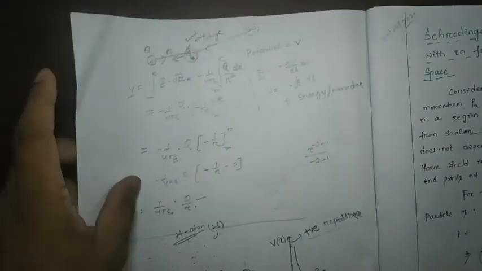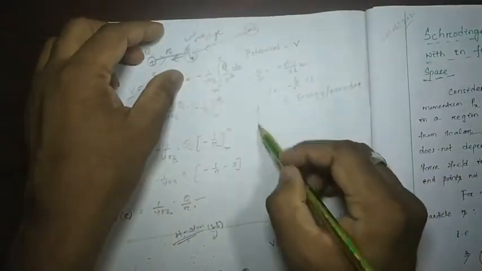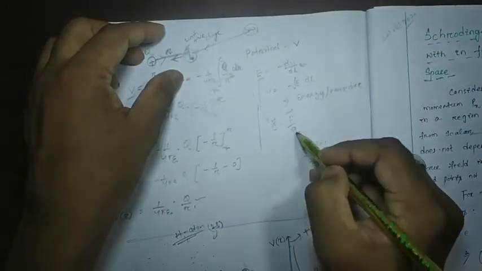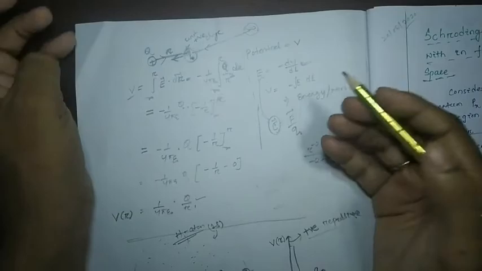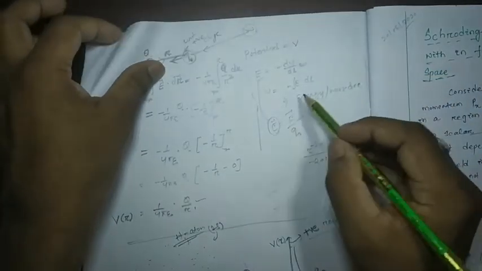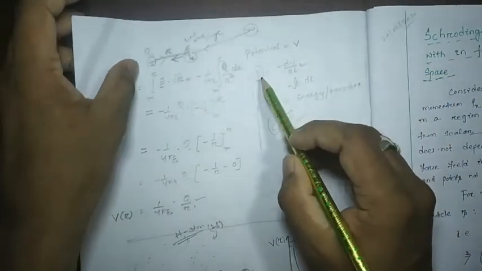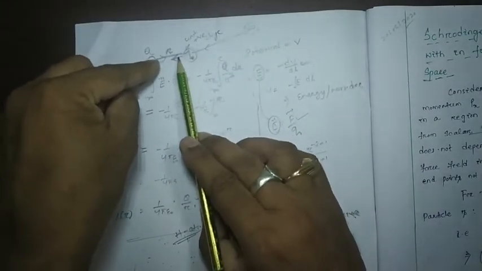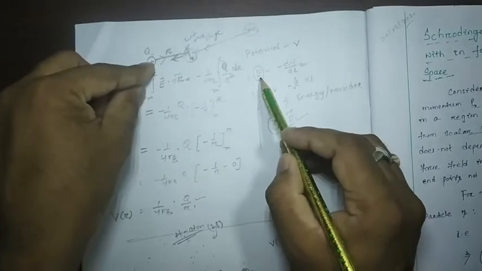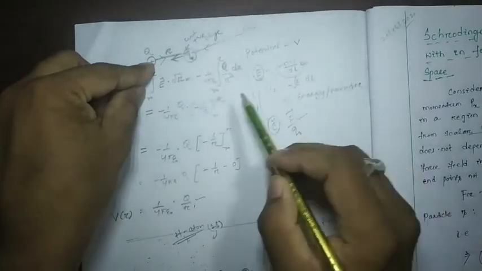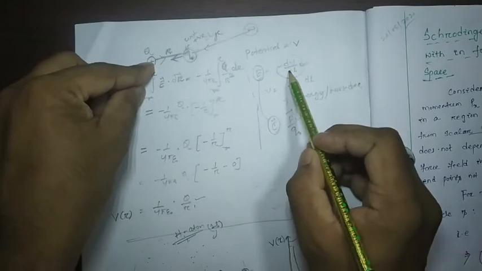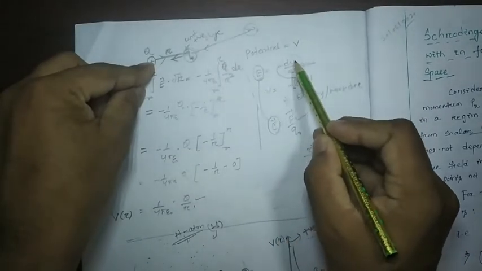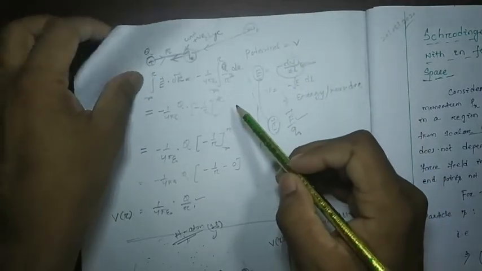Here the electric field intensity E is nothing but force per unit charge. So this force, which we consider between these two charges, can be derived by considering this expression, where V is nothing but the potential.